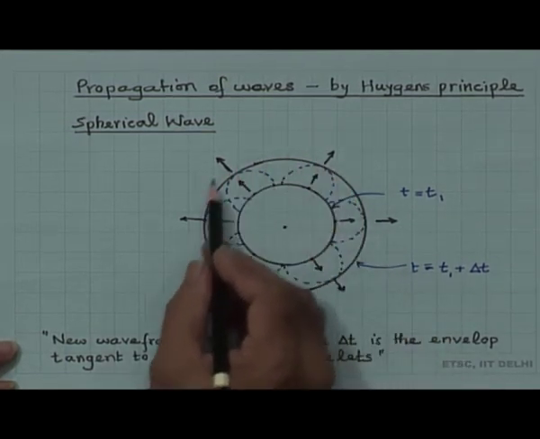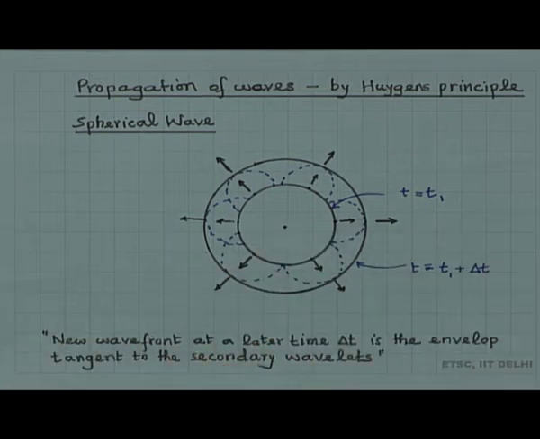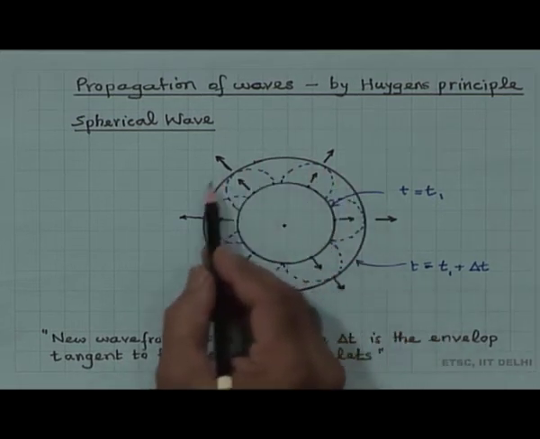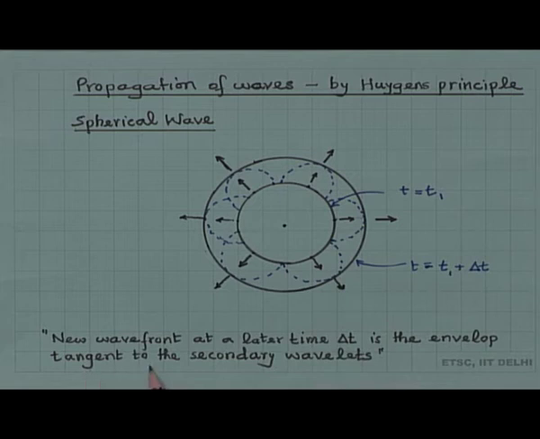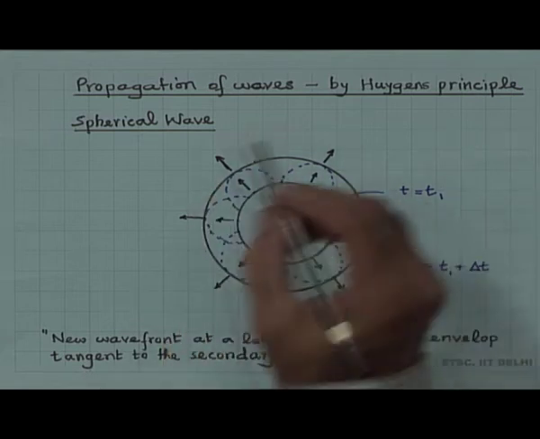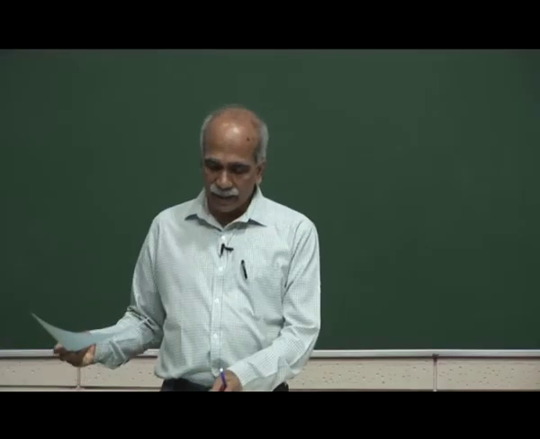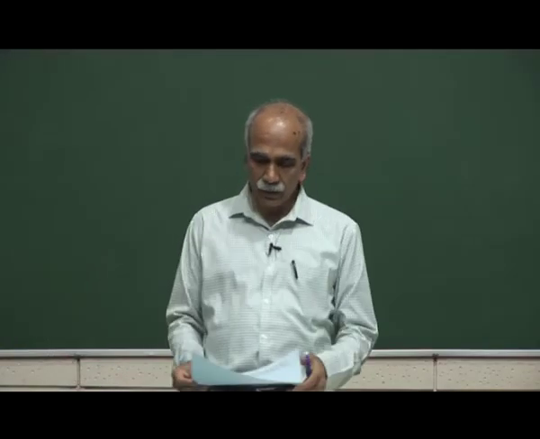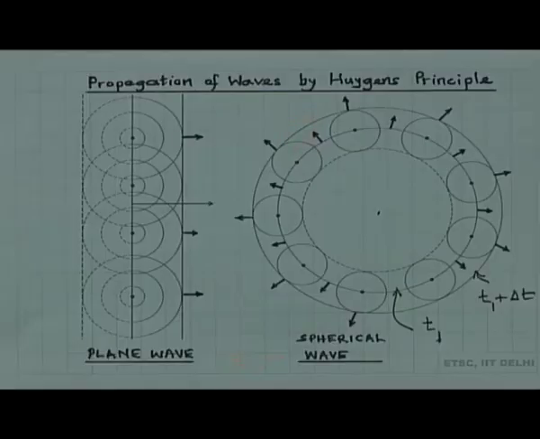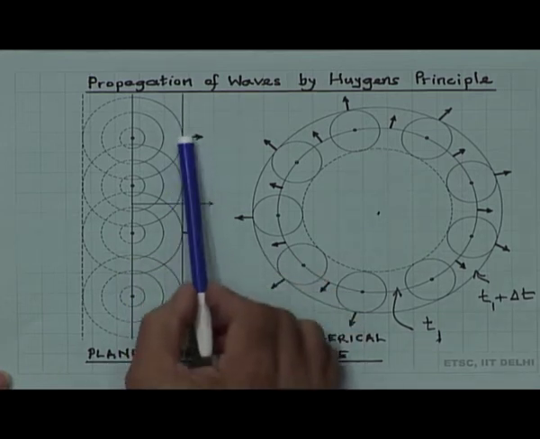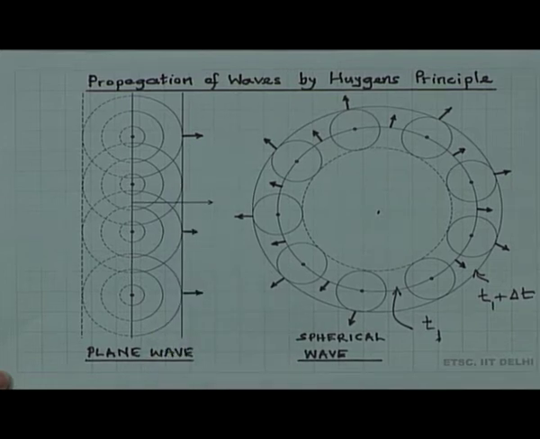That is how the spherical waves are propagating outward, and the statement again that the new wavefront at a later time is the envelope which is tangent to all the secondary wavelets. This I have drawn by hand, and here is a diagram drawn using a computer. We can see this is at a time delta t and this is at a time 2 delta t, and you have a wavefront which is tangent to all the secondary wavelets.